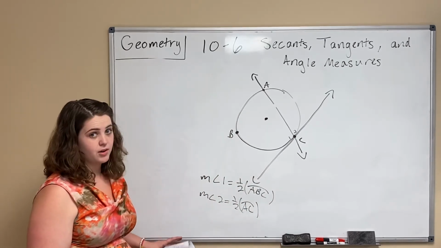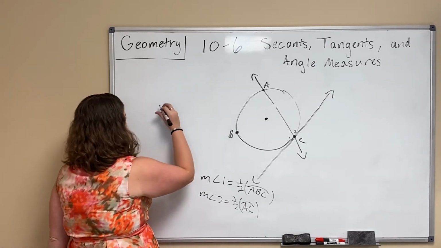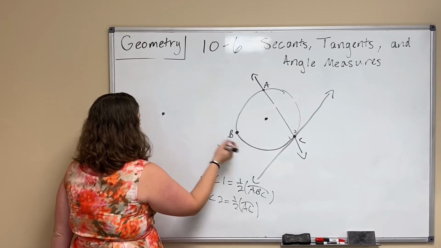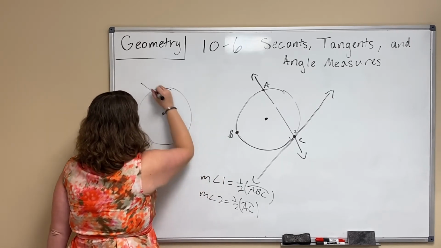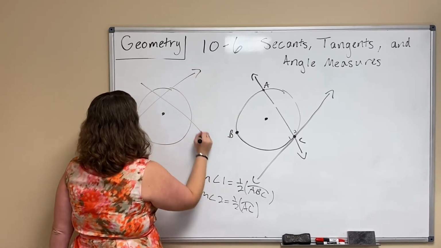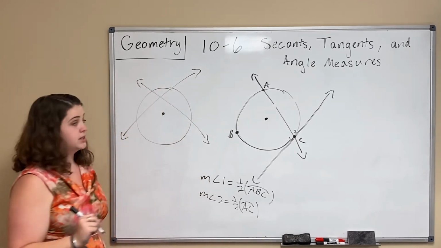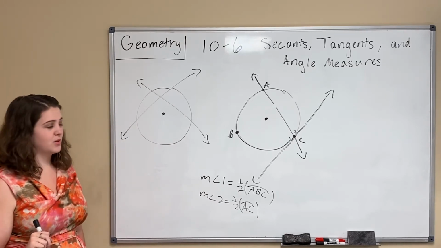Pretty straightforward. You keep the two situations separated though, because one of them is a secant intersecting a tangent, and one of them is two secants intersecting each other. And one equation is a little bit more complicated than the other.